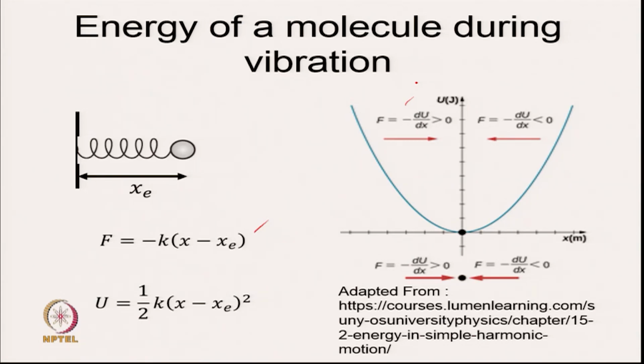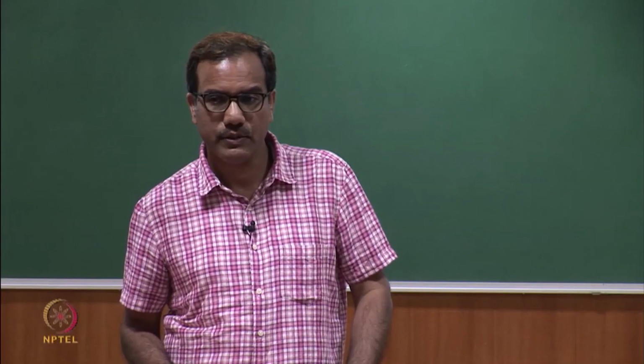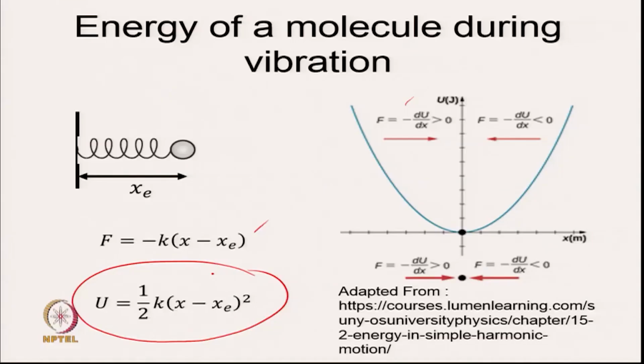When you integrate that, you get the potential energy as u is equal to half k times x minus x e whole square. Now, if I put my coordinate system such that our atom is at origin, then x e will be 0, f is minus k x, and u is equal to half k x square.